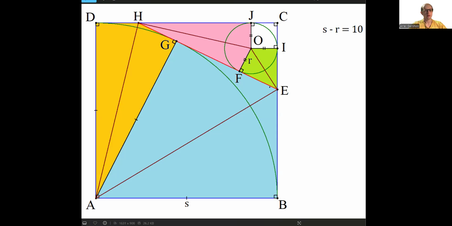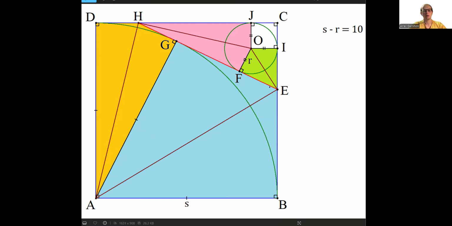And now, for the blue shape here, for example, we have AB equals AG. So that's one pair of equal adjacent sides. And I want to show that EG is equal to EB as well. So how do we know that?